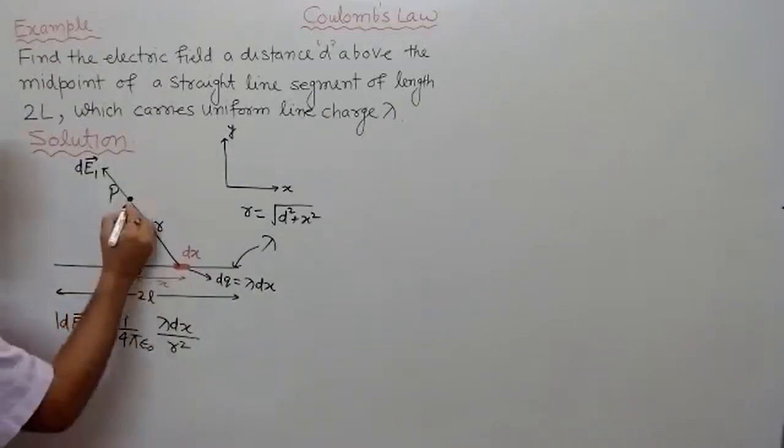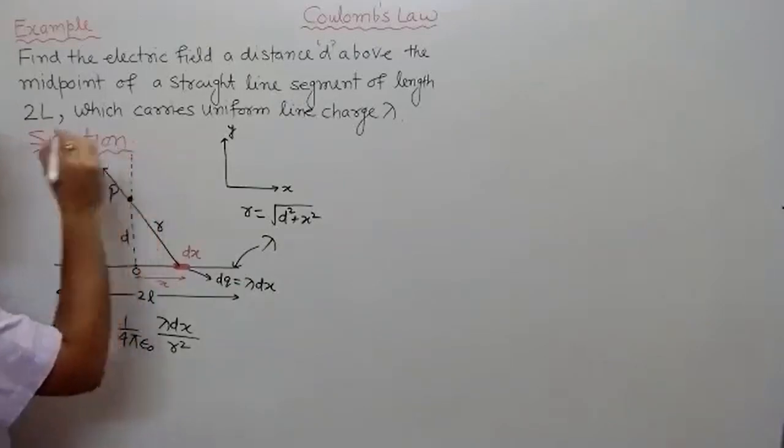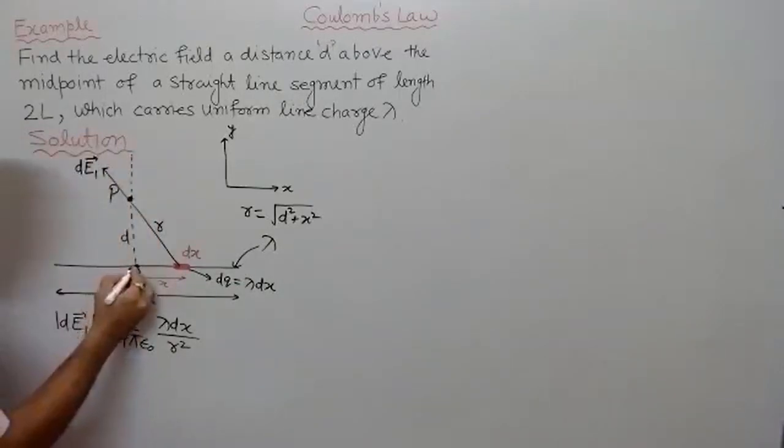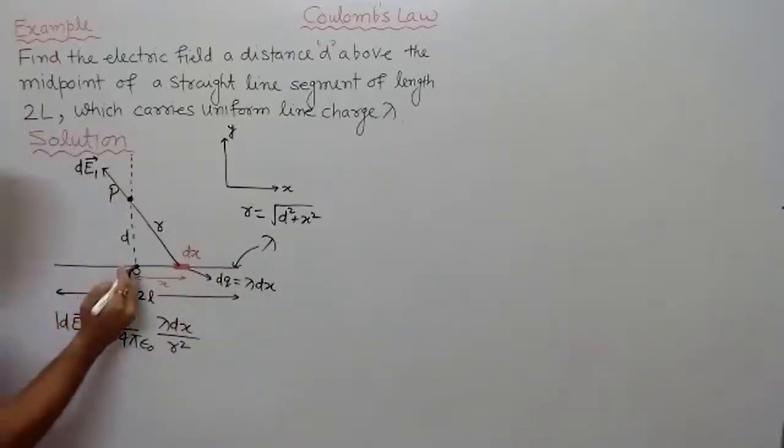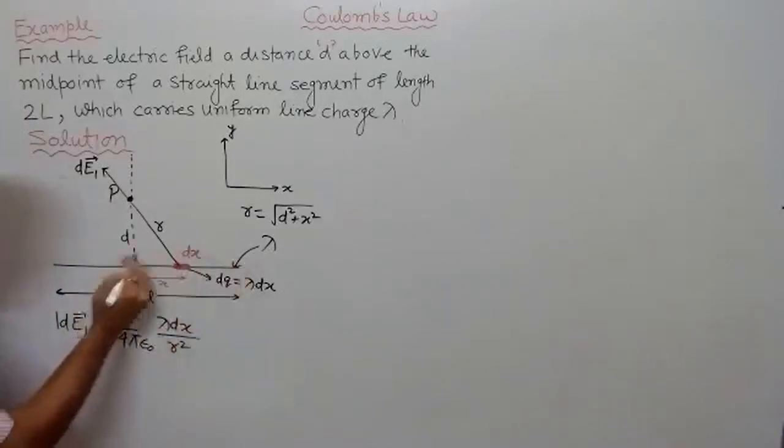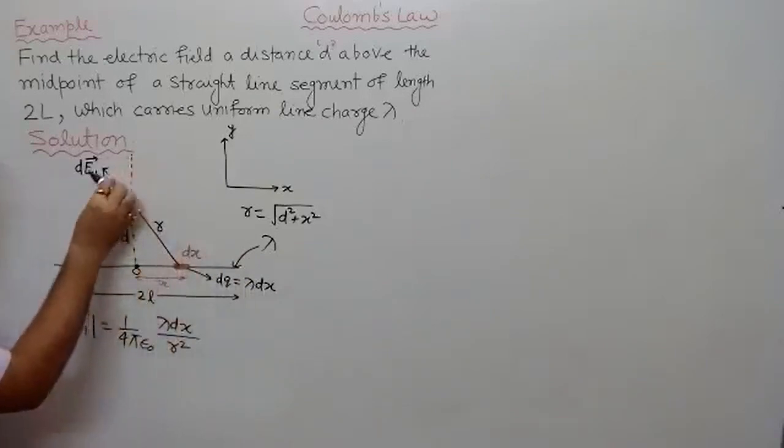Now from the symmetry, you have to consider all elemental lengths on this wire. If you see towards the right of the midpoint, the field will vary in this region.